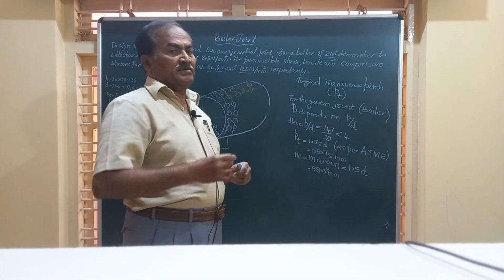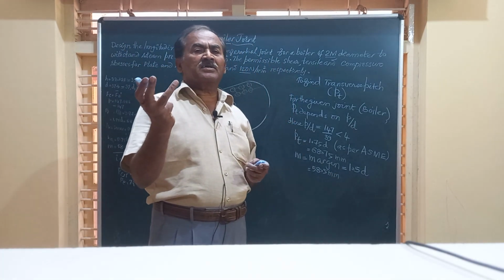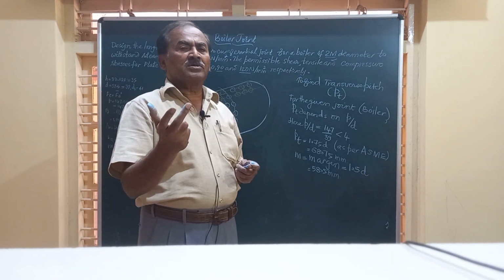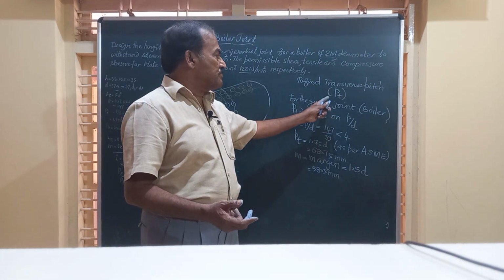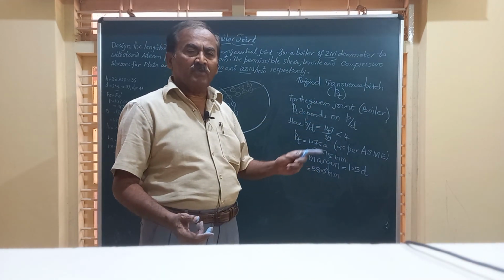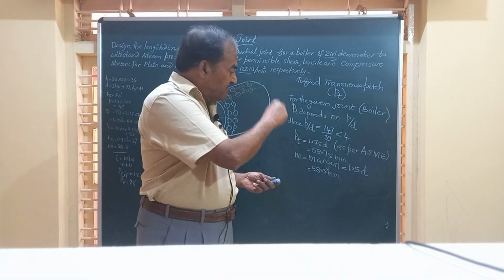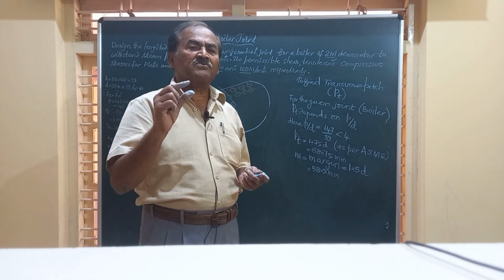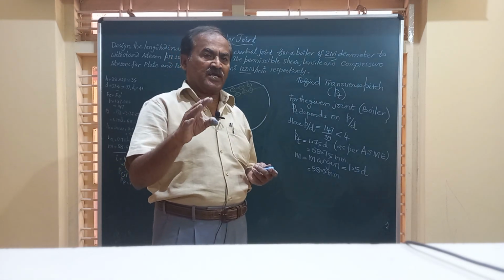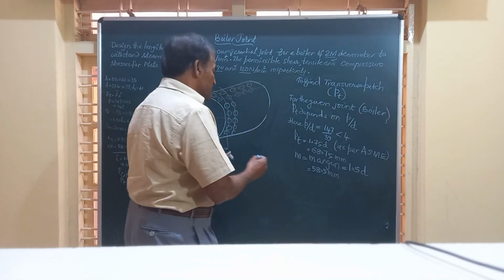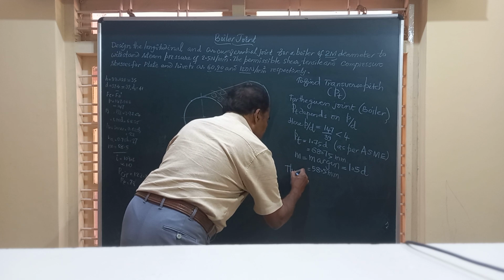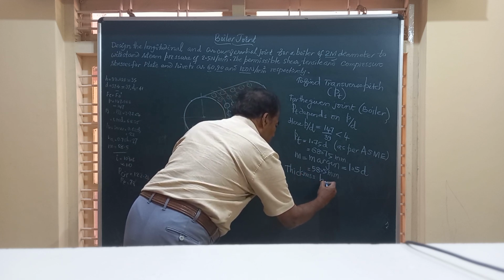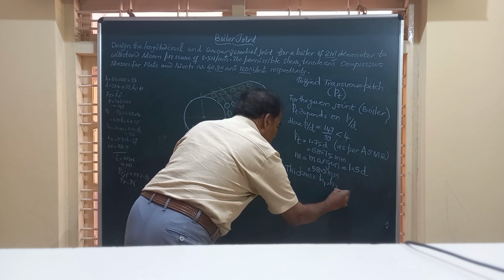So for the butt joint, you have found out the diameter of the rivet and thickness of the shell. We have got the longitudinal pitch, transverse pitch, margin. And finally, for this joint, you will have to find out the thickness of the butt plates, or butt straps, or cover plates. There are two plates, thickness H1 and H2.